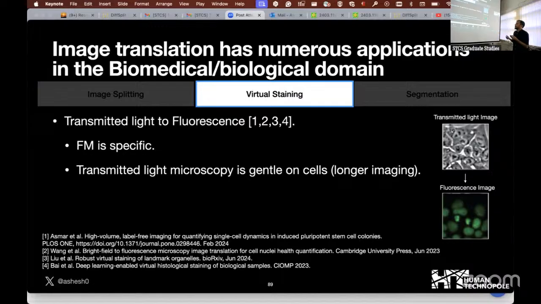So virtual staining tries to get the best from both worlds, in the sense that the idea is to image using transmitted light and then convert it with deep learning to some specific fluorescence image which you care about. It has applications in histopathology, and in other cases as well.